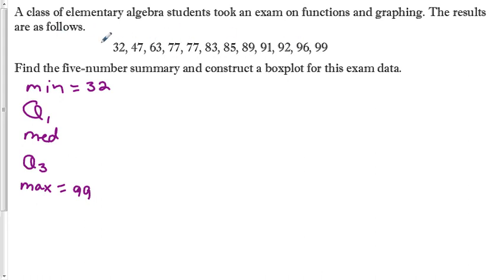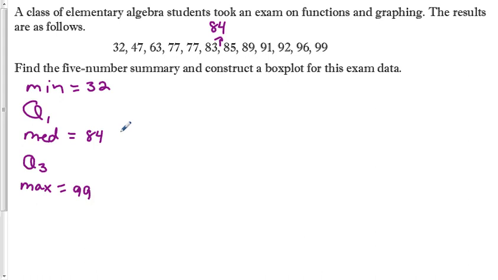We have here 1, 2, 3, 4, 5, 6, 7, 8, 9, 10, 11, 12 pieces of data. So I'm going to calculate 6 on either side, brings me to the center here. Between 83 and 85, take the mean. So that is 83 plus 85 divided by 2 is 84. That is our median.